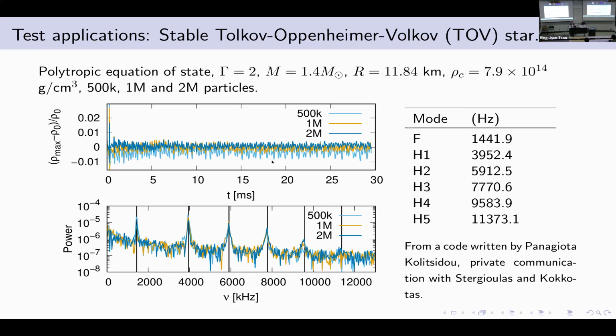But you can see that the oscillations are converging away at higher resolution, getting smaller in amplitude. And when we do a Fourier decomposition of the oscillations, we find to very good accuracy the frequencies of the fundamental mode, first order tone, second, third, fourth, and a small indication that we have a fifth one.